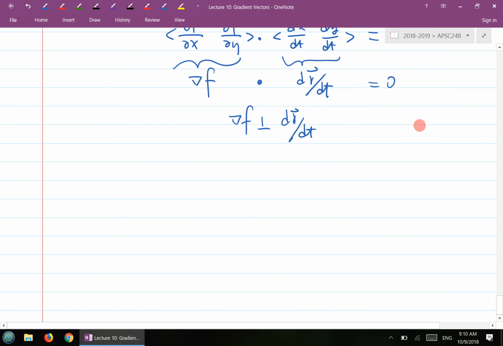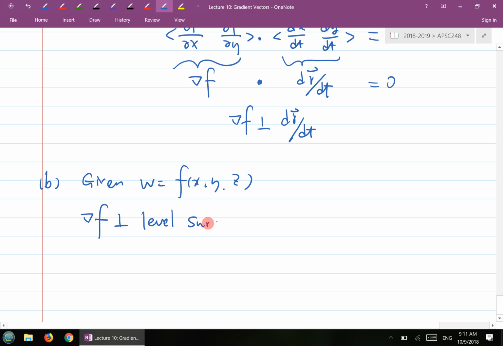So we proved this now. Let's consider the second case, given a different function. This time it's a function of 3 variables. We can show that this del f is perpendicular to the level surface f of x, y, z equal to c.